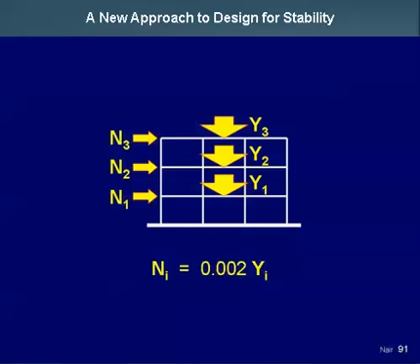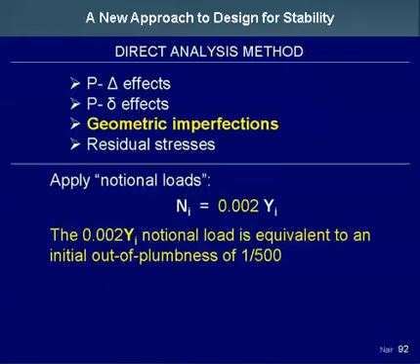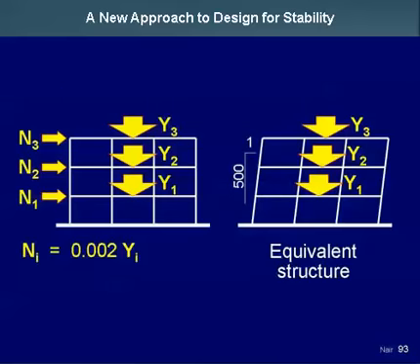And the fraction you are asked to apply is 0.002, which is 1/500th of the vertical load as a horizontal load. Now this 0.002 Y sub i notional load is equivalent to an initial out of plumbness of 1 in 500. And I think intuitively you can see how the two are equivalent.